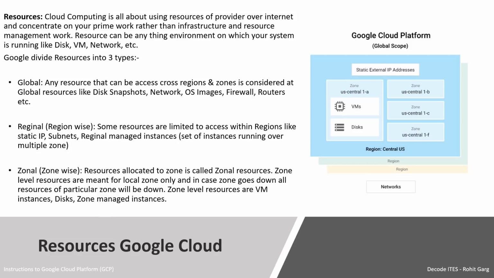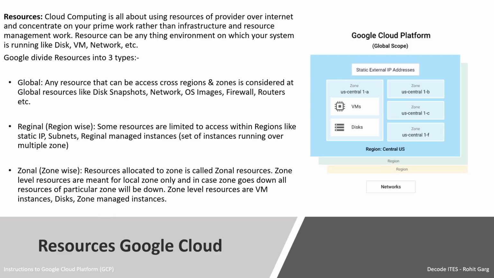Regional resources. Some resources are limited to access within regions, like static IP, subnet, regional managed instances. Zonal resources or zone-wise resources. Resources allocated to a zone are called zonal resources.